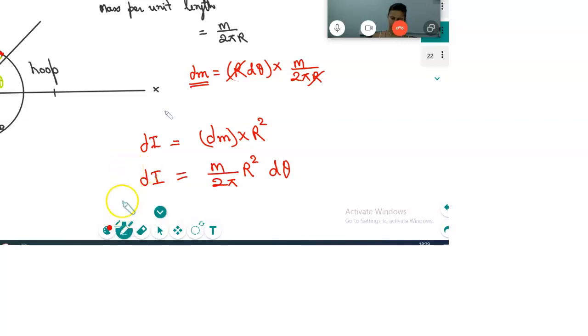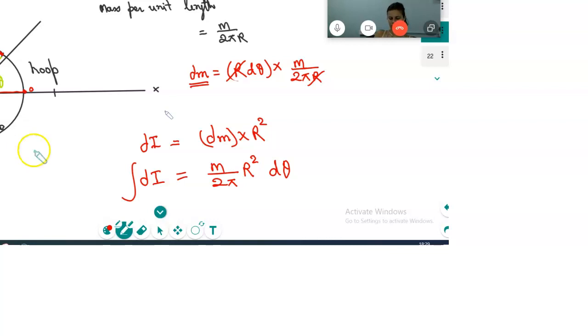Okay. What we will do next? Next, integration. What is the value of theta? See, suppose theta is starting from here, 0 degree. Where will it go? 0 to full circle, 360.